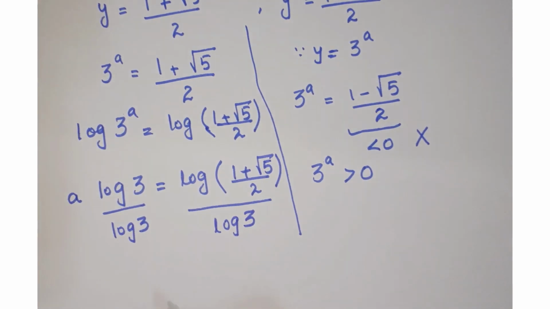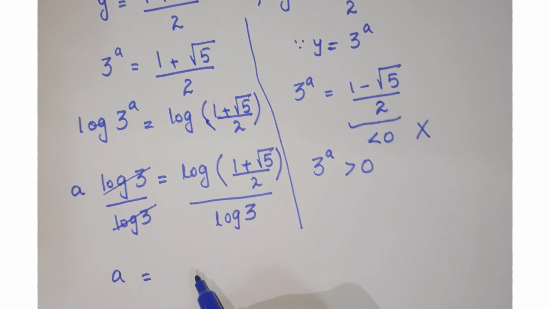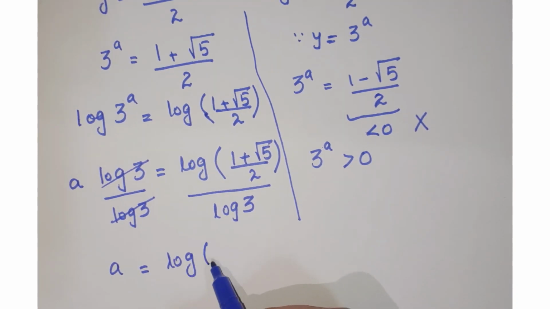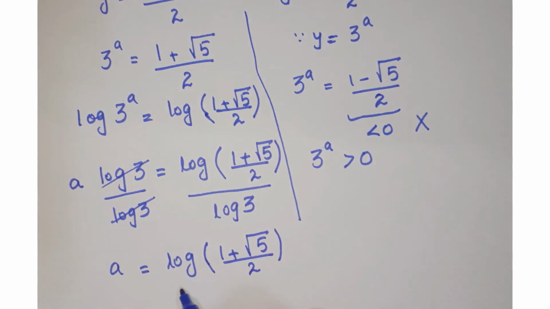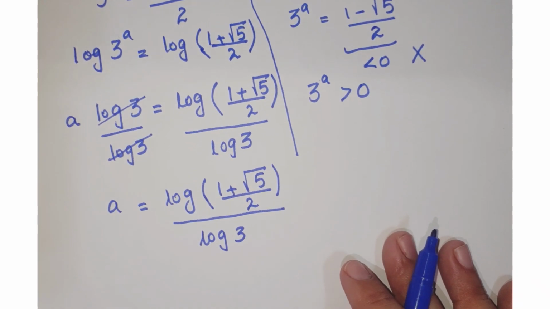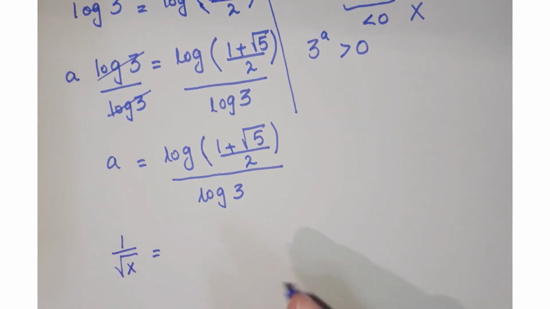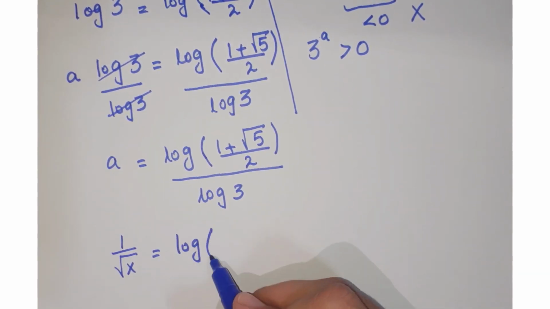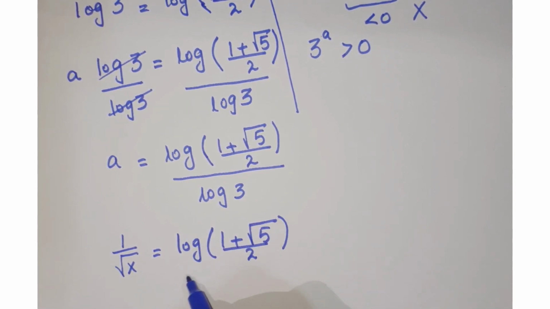So you get a is equal to log of (1 plus under root 5 upon 2) upon log of 3. Now since a is equal to 1 upon under root x, as we assumed earlier, we get 1 upon under root x is equal to log of (1 plus under root 5 upon 2) upon log of 3.